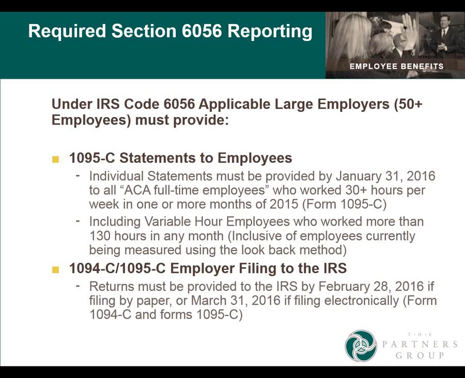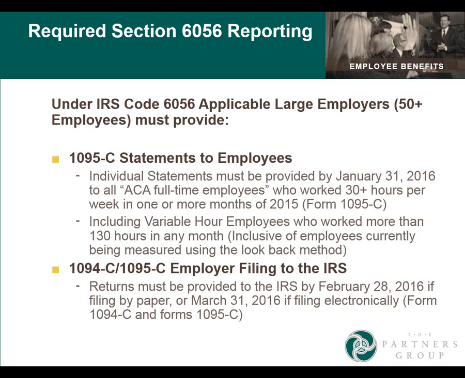There are two different sides to the reporting. The first one is 1095-C statements to employees. There's been a little bit of confusion about the due date on this. We had a seminar that many of you probably signed into on employer reporting a couple weeks ago where we partnered with ADP payroll systems.